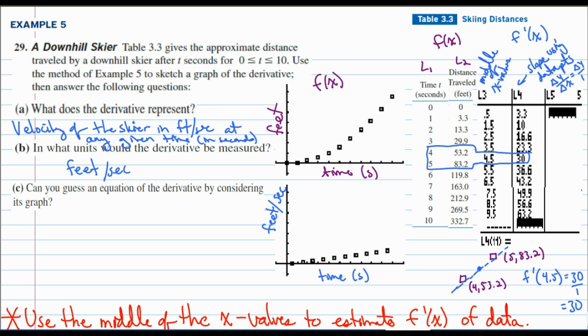Part C, can you guess an equation of the derivative by considering its graph? Well, let's see. Its graph looks pretty linear to me, so I plotted the time in seconds into L3 and then the slopes into L4 to get this data graph. I kept the window the same just to give it some perspective. So, can I guess the equation of the derivative?